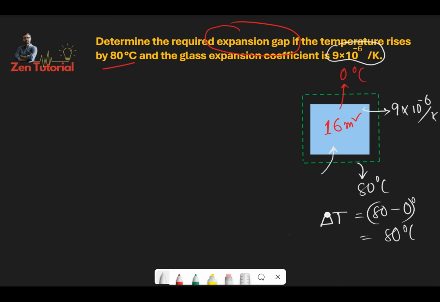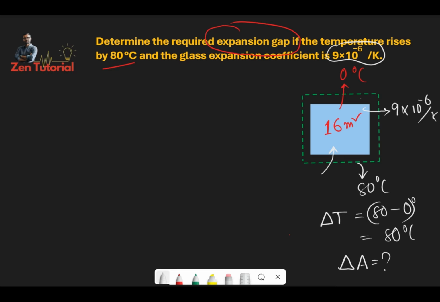What do we have to calculate? Determine the required expansion. So we have to calculate del A. It means the area between the 16 meters square and the dotted green line.